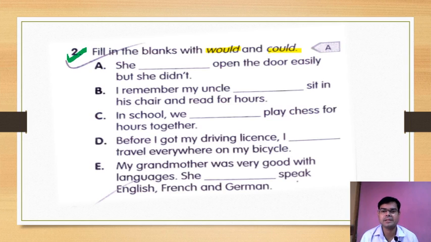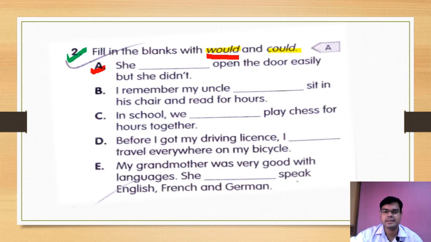Opening door is something which we do regularly, correct? So here what we have to use for the repetition, simply would. So she would open the door easily but she didn't.